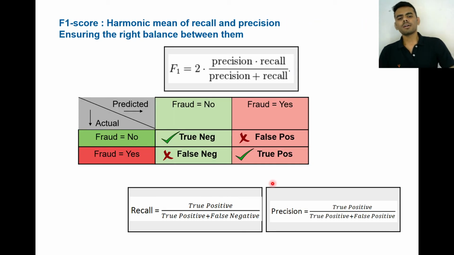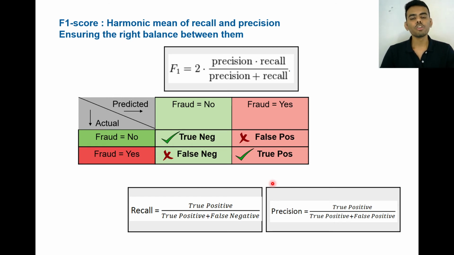So now let's talk about practicality. When you are building models and doing hyperparameter tuning, you would ideally want good recall and good precision. But the irony is that when you try to enhance recall, precision takes a hit. When you try to enhance precision, recall takes a hit. There is a trade-off going on between them.